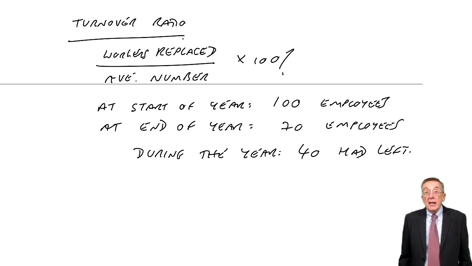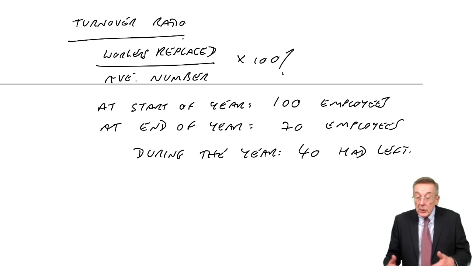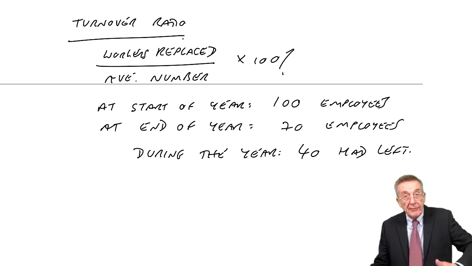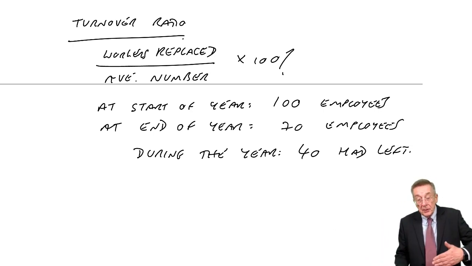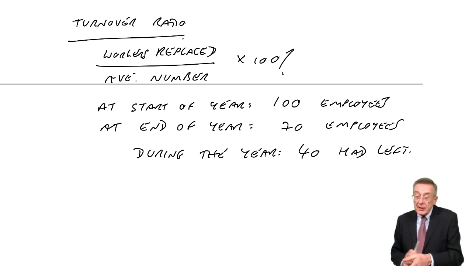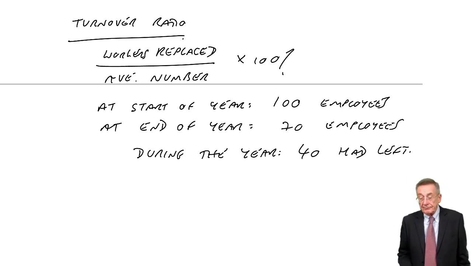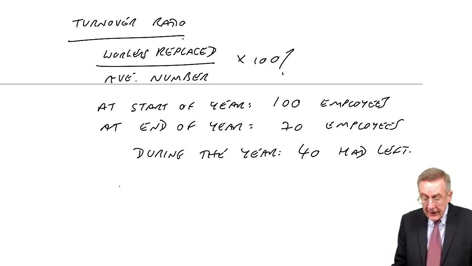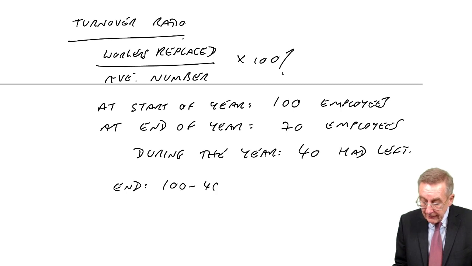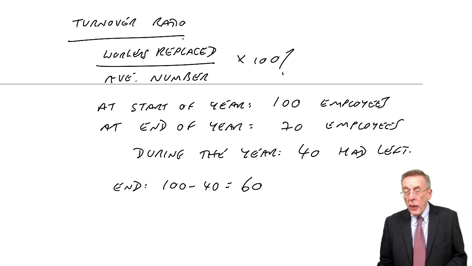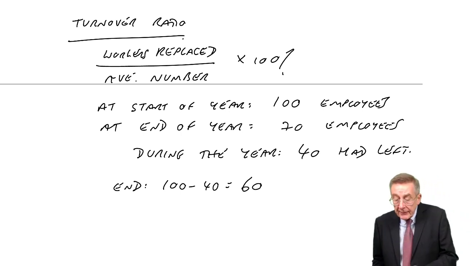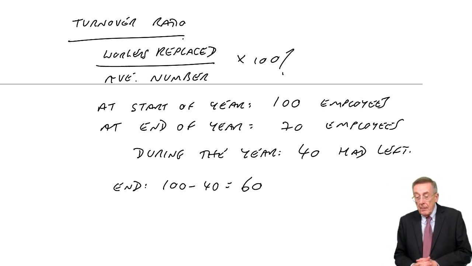Well, the turnover ratio is we're looking at how many workers were actually replaced. People who left, but we then had to hire new people. And think about this, at the start of the year there were 100. 40 left. And so you'd expect at the end of the year there to be 100 minus 40, 60. If 40 left and we hadn't bothered replacing anybody, we'd have 60 left at the end.